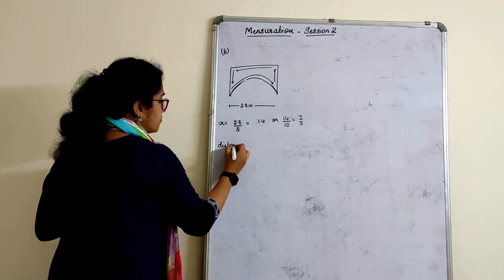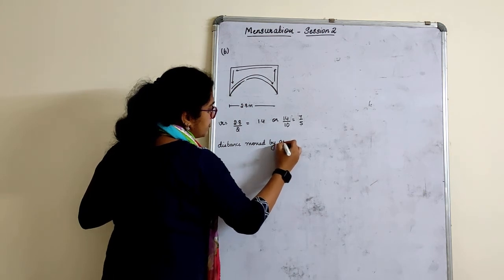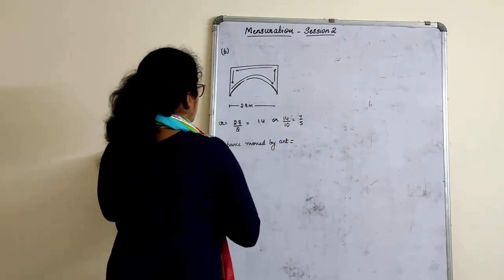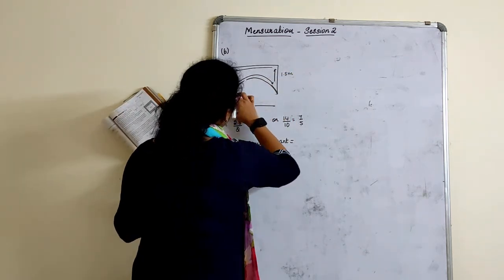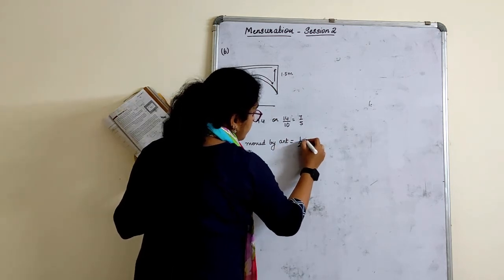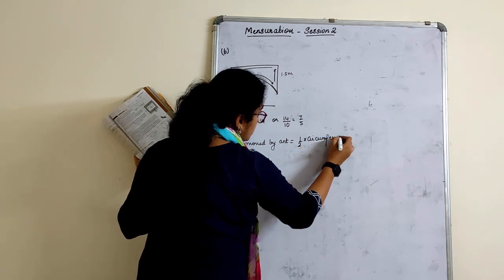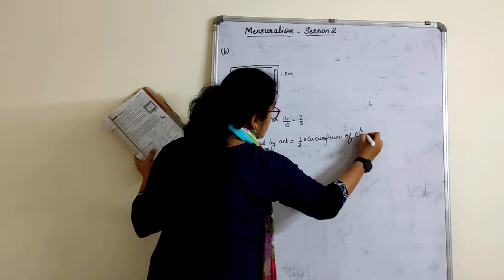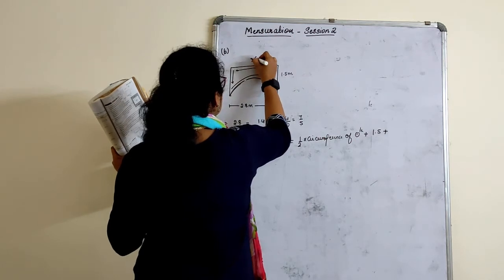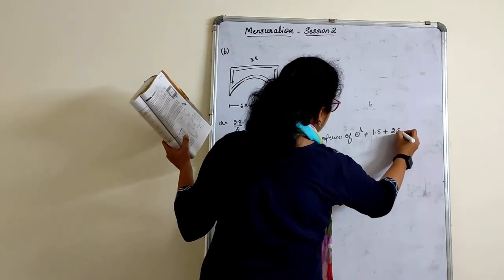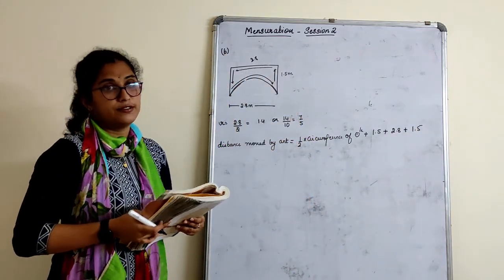Distance moved by ant is equal to, okay, they have given this as 1.5 meter, is equal to first half circumference of circle plus 1.5, plus this is 2.8, it will be the same, plus 1.5. Will you do this? We know what to do further, right?